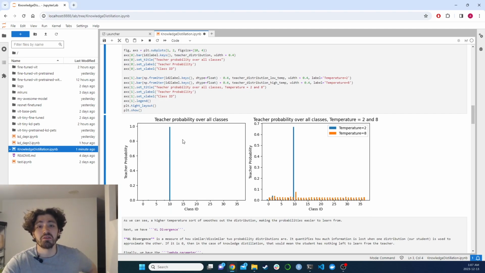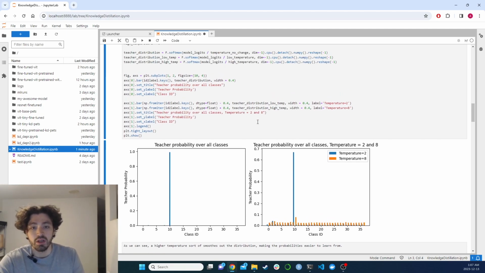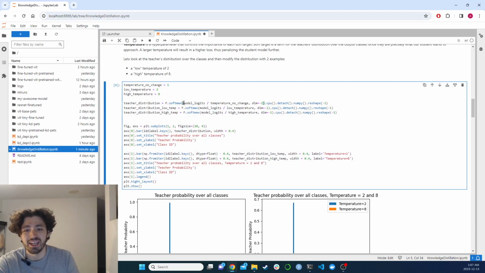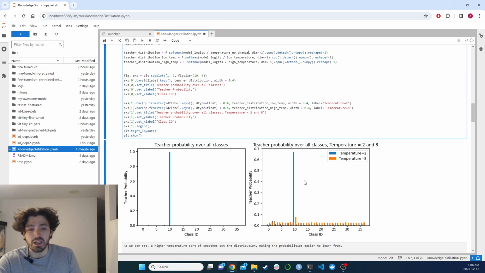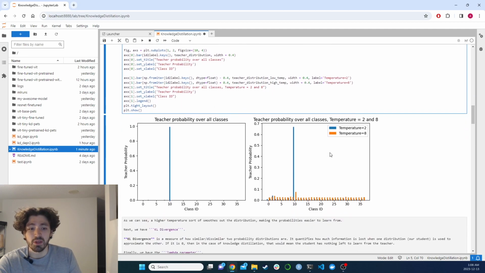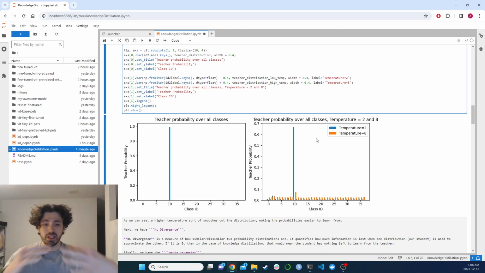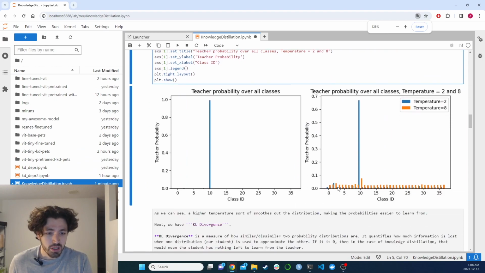Because this model has been fine-tuned already on this data set, it was very confident that the answer was 10, which is a Siamese cat. Now, if you apply this temperature, and what we're doing there is we're actually dividing the probabilities that the model outputs by this temperature. And if we do that onto all the probabilities, we'll see that the distributions are actually a lot more spread out. Even the blue ones are a little bit hard to see, but you can tell the orange one is actually even wrong.